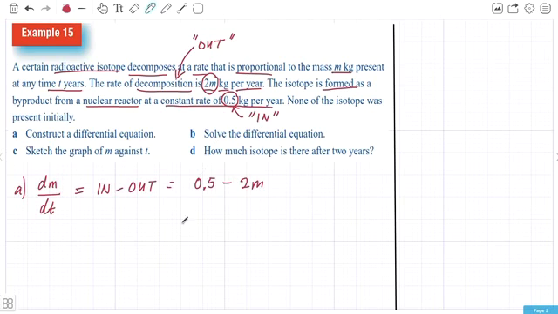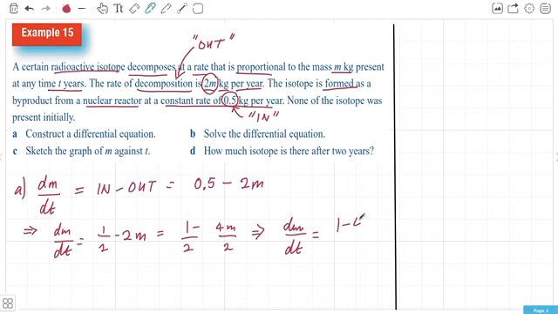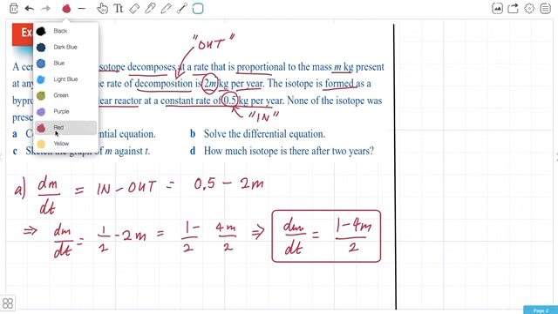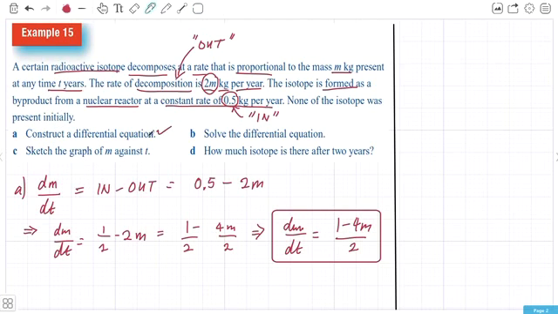So we have dm/dt equals 0.5 minus 2m, and we could write that a bit more neatly. It's a half minus 2m, put everything over 2, so that would become 4m over 2. So we end up with dm/dt equals (1 minus 4m) all over 2. All we've done there is make ourselves a common denominator. So that's the first part of part A, which was to construct a differential equation.